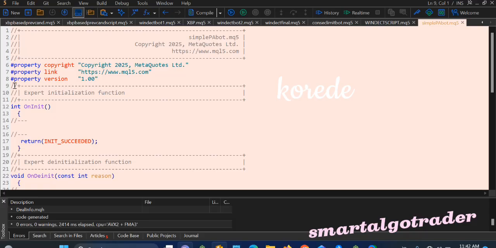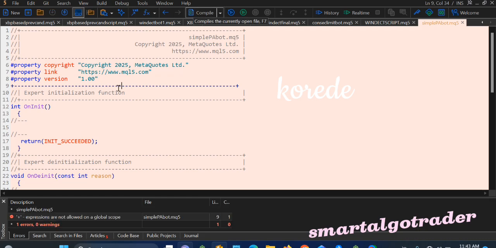For example, if I remove these two slashes here, this line has a meaning now. If I compile it, this is what we call compile. If I click on compile now, you see that we have an error right here. But if I remove it back and click on compile again, you see that we don't have any error again.